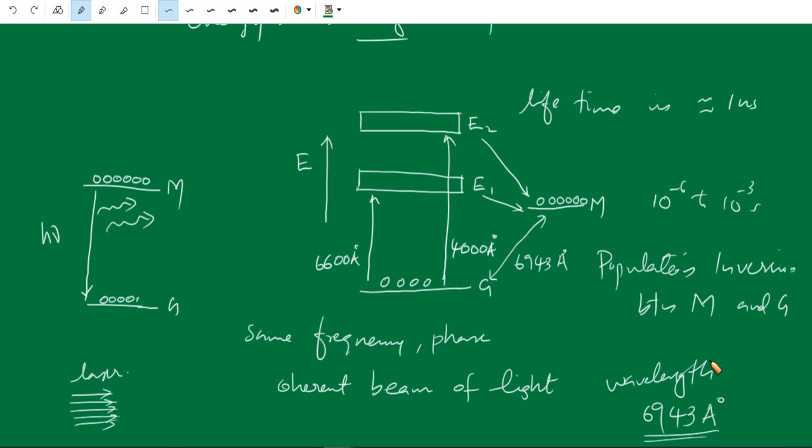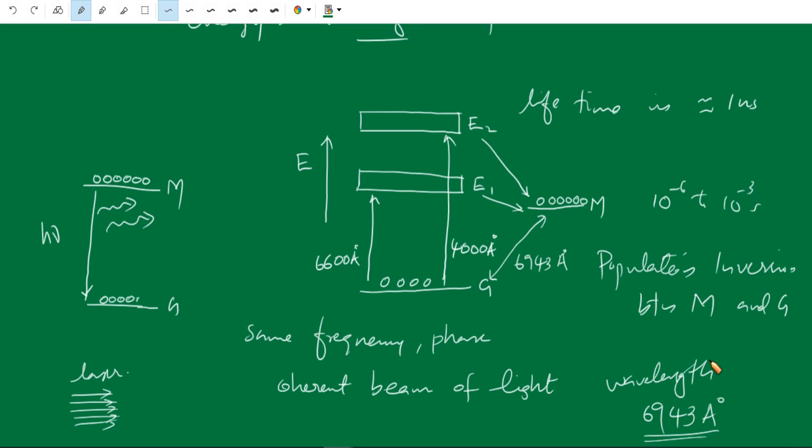So ruby laser is a solid state laser. Here the energy levels are bands, not sharp energy levels. In solids there are bands of energy, but in gas lasers the energy levels are very sharp.